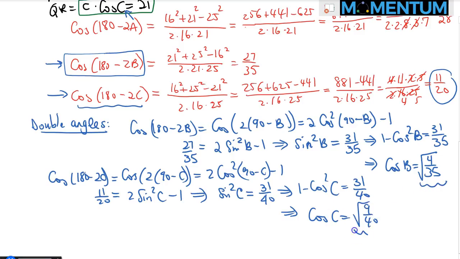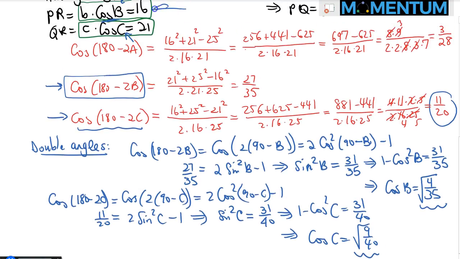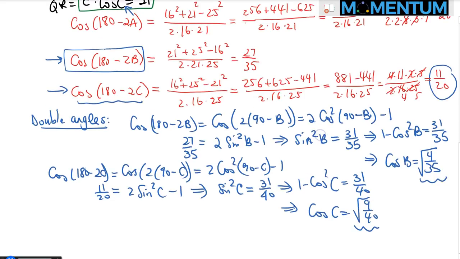So we have cosine B, cosine C. Time to plug them into this expression. So first this one, b cosine b is 16, so therefore b is equal to 16 over cosine of b, which is just this monster, 16 over square root 4/35.